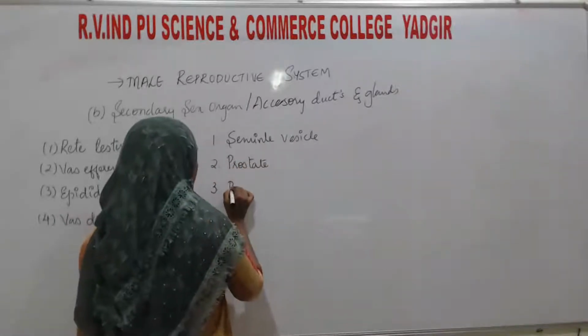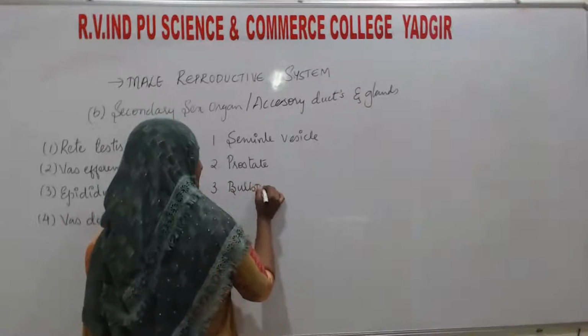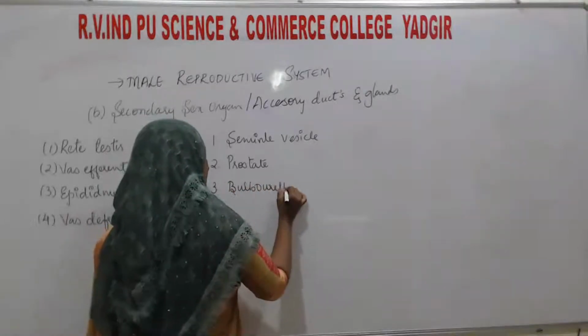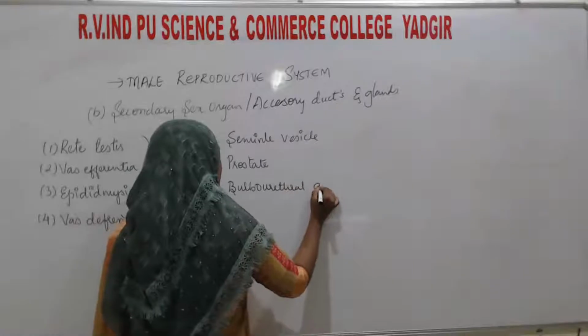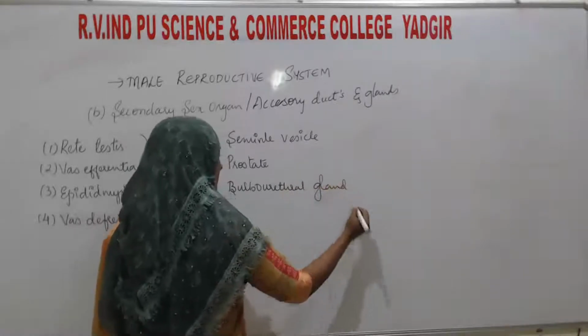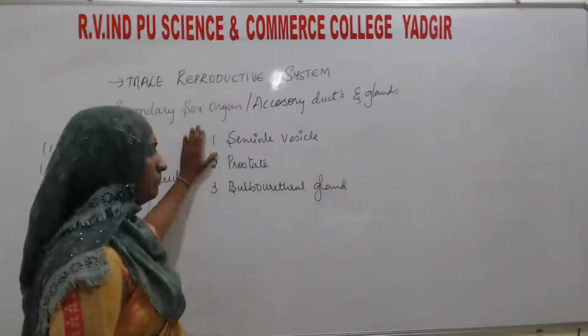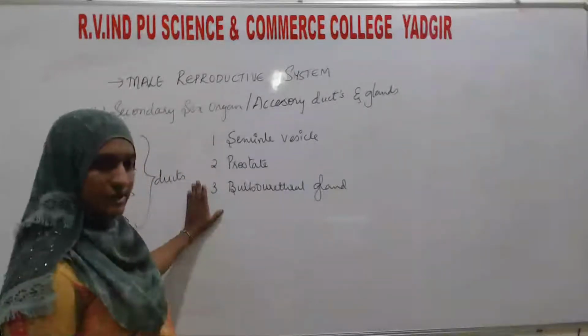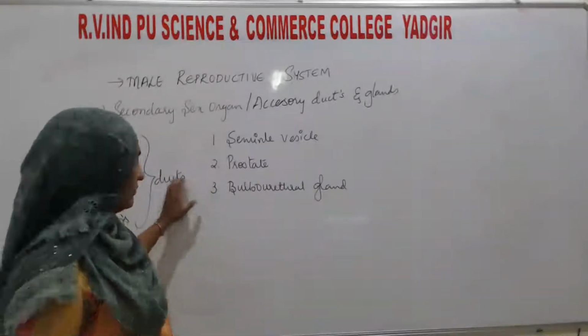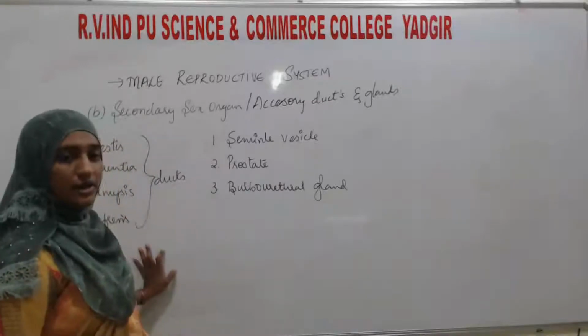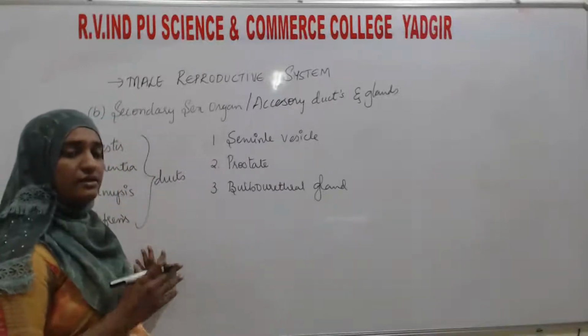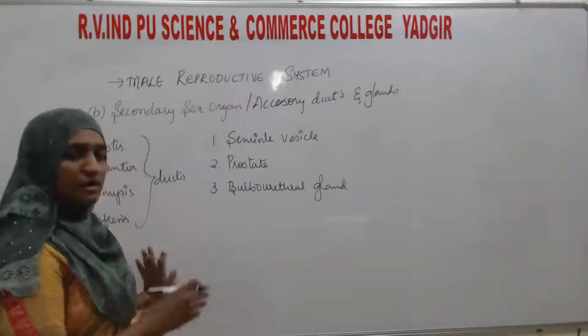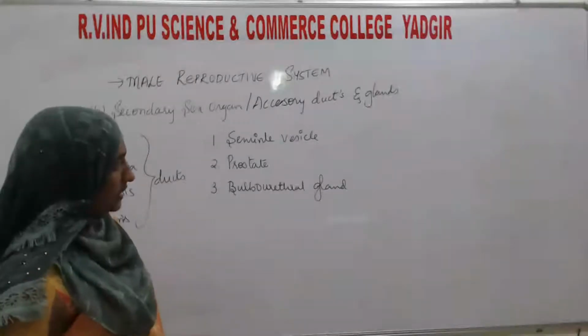Then third is bulbourethral gland. What are they? Seminal vesicle, prostate gland, and bulbourethral gland. Okay. So first we will see how these ducts are arranged. For that understanding, we require a diagram. So we will see here in the diagram.